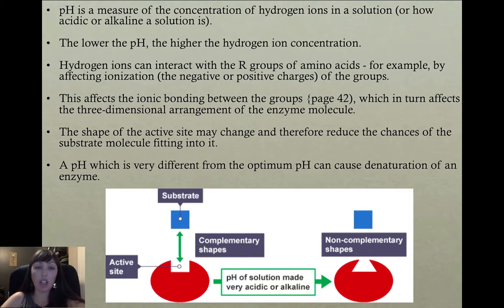And the shape of the active site may change, and therefore reduce the chances of the substrate molecule fitting into it. And a pH very different from the optimum pH can cause denaturation of an enzyme. And actually, that's how a lot of poisons work, is they cause denaturation of an enzyme, so that it is unable to function as it's supposed to.